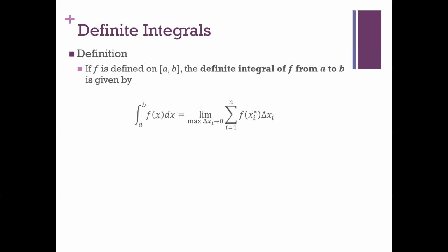What does the delta x i stand for? Change in x. That's the width of the intervals. Now, I want the maximum width of all those intervals to get very, very close to 0. If the widths of the rectangles are very close to 0, how many rectangles am I working up toward? An infinite number, right?